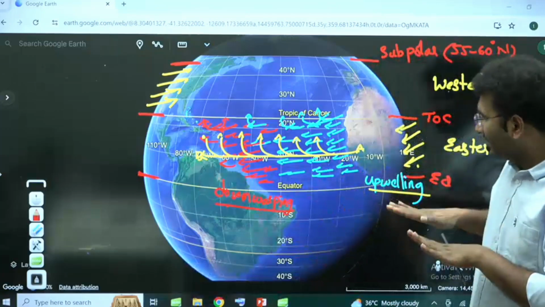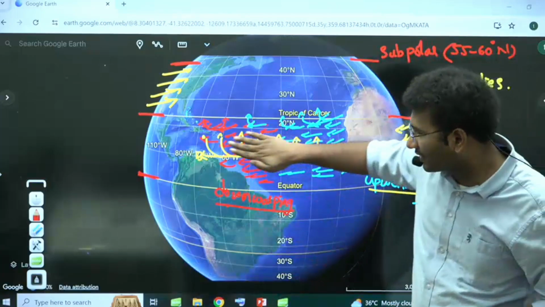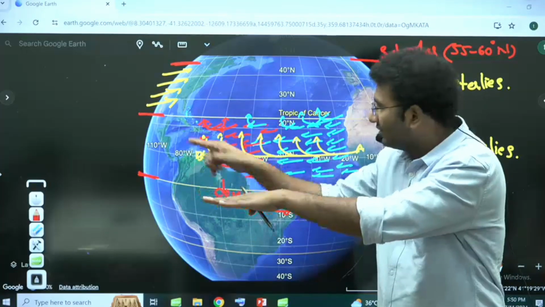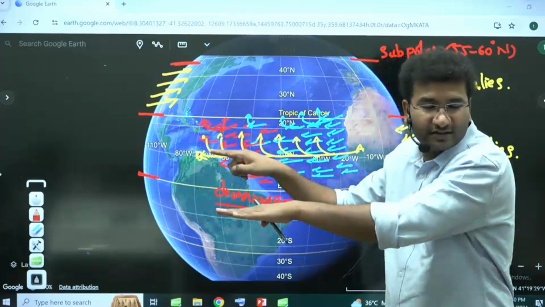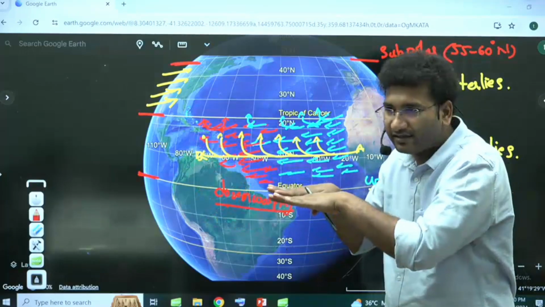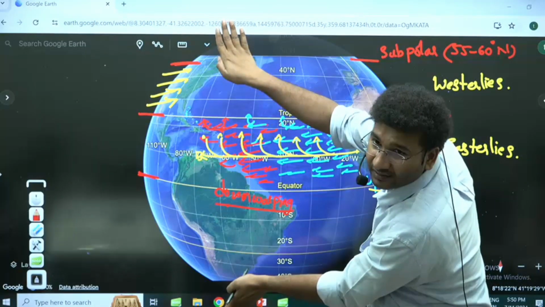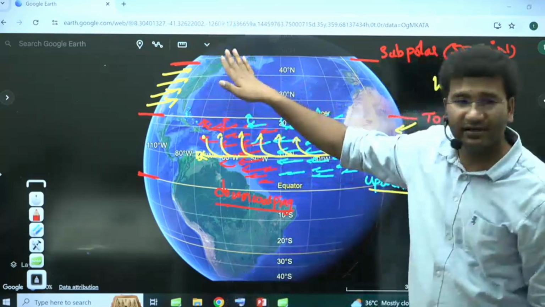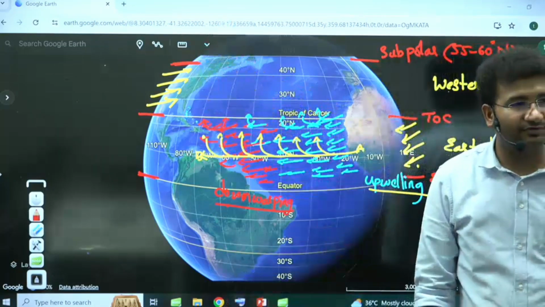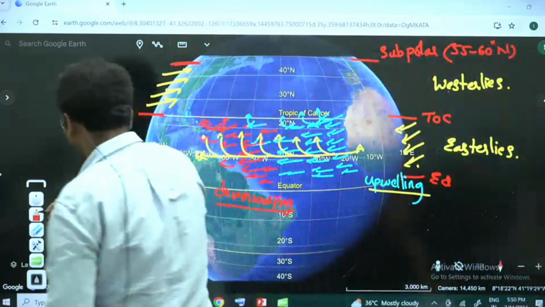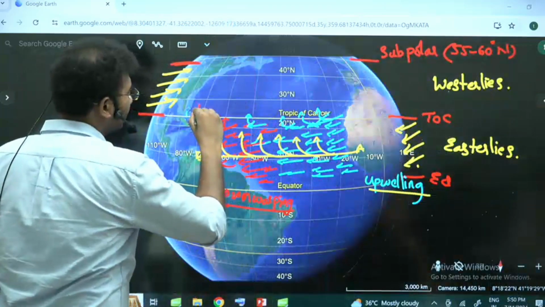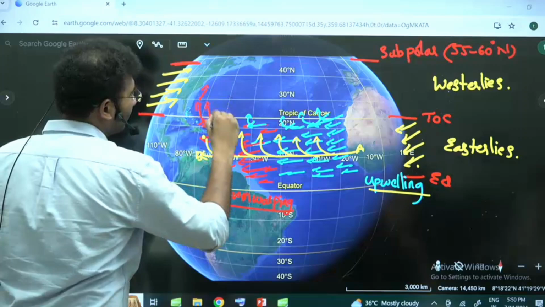Second, the water started here. The water has reached the west coast of the North Atlantic Ocean, and then the water will move in this manner. Why are they moving in this manner? It is because of the continent. The shape of the continent is like this. So slowly, this warm water will start to move towards the north.